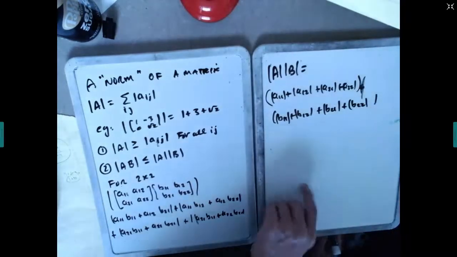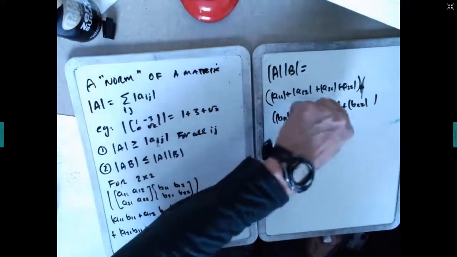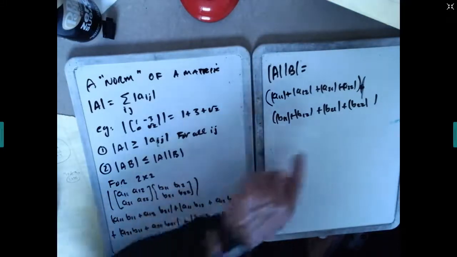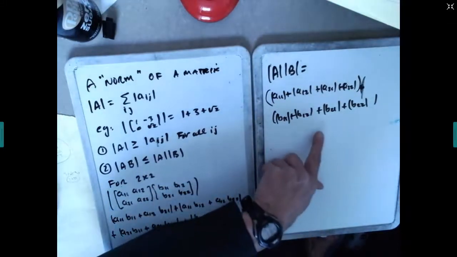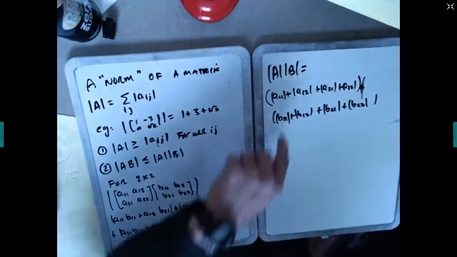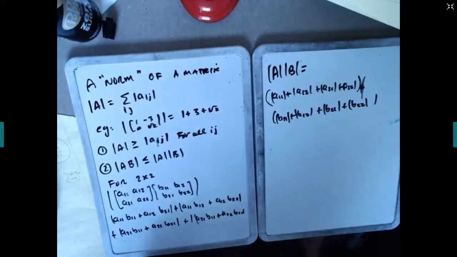And then what do you notice? The A11 gets multiplied by all of these, not just the B11 and the B12, but by every single one of these. The A12 gets multiplied by every single one of these, not just the B21 and the B22, and so forth.